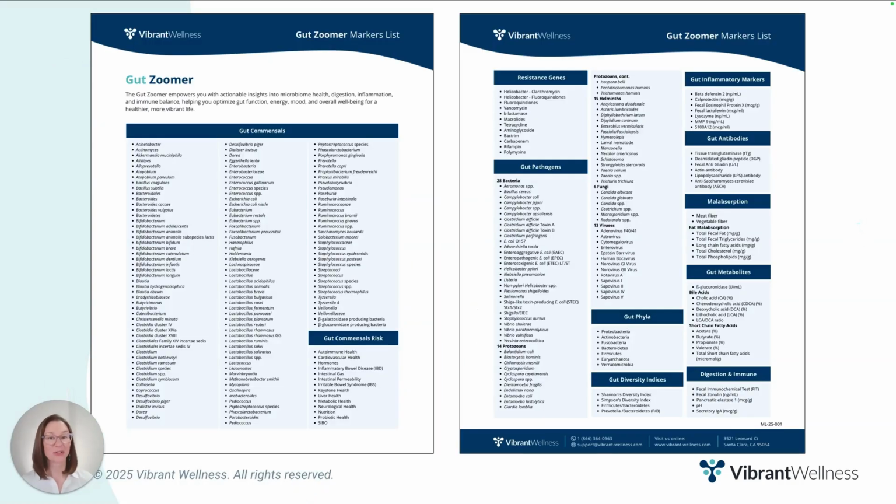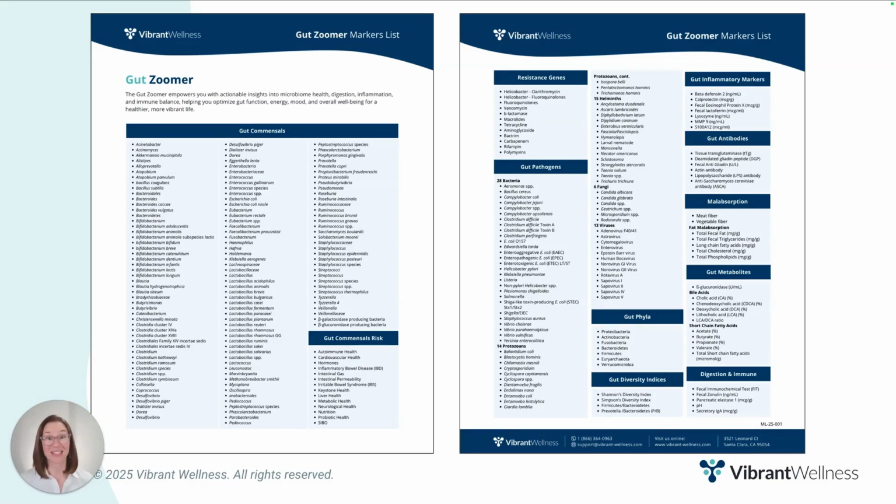The gut-zoomer includes over 115 gut commensals, Shannon's and Simpson's diversity indices, key ratios like F to B and P to B, along with phyla distribution, and risk scores for 14 health conditions based on commensal levels.